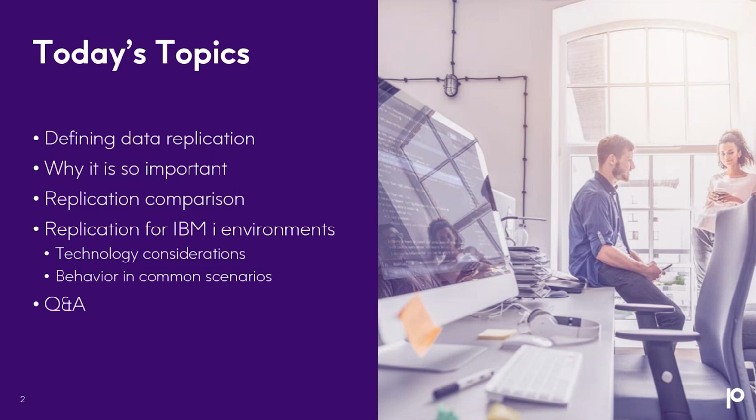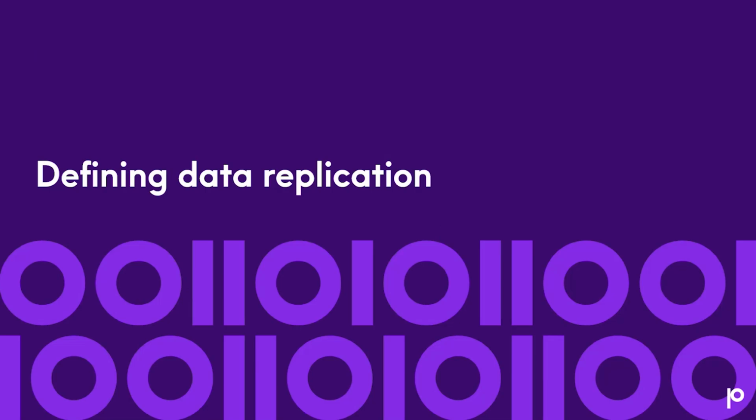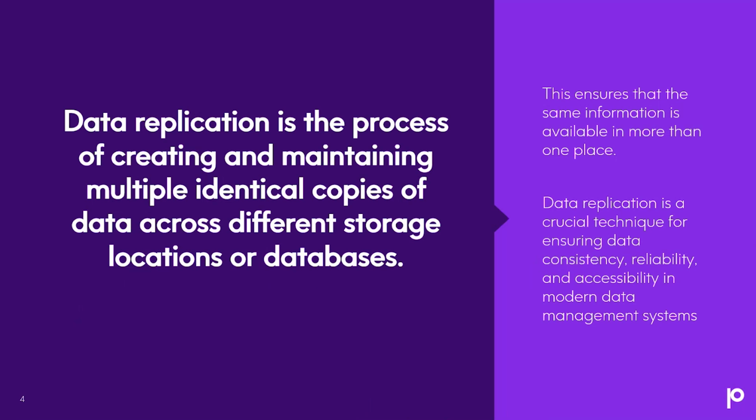So getting into the topic here real quick, defining data replication. The way that we think about data replication is the creation of multiple copies and maintaining those identical copies. So you've got one primary copy, and you've got an exact replica backup copy of it. Those copies can live on the same system, across a different system, or in the cloud. But it's having that additional copy of that piece of data.